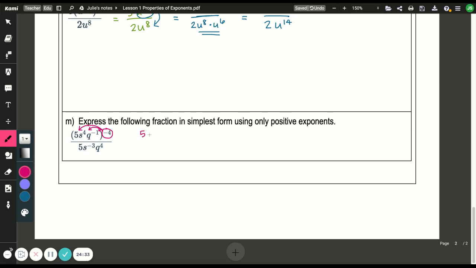So I get 5 to the negative 4. S to the 4th to the negative 4th. So I have a single s with 2 exponents. I multiply them and get negative 16. Q to the 1 and 4 is 4.